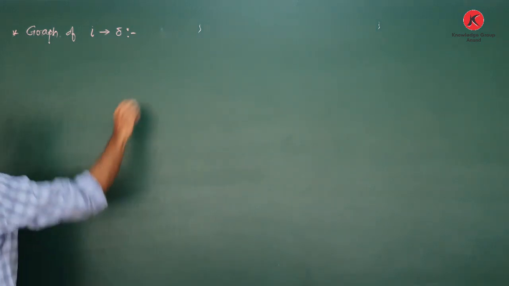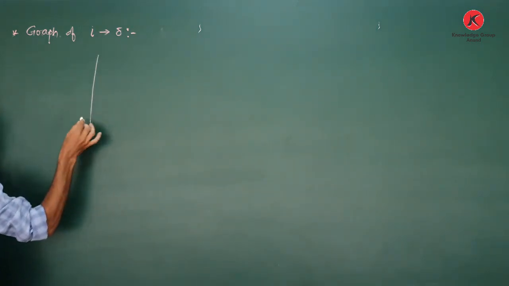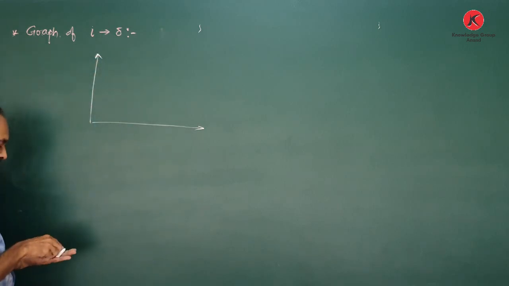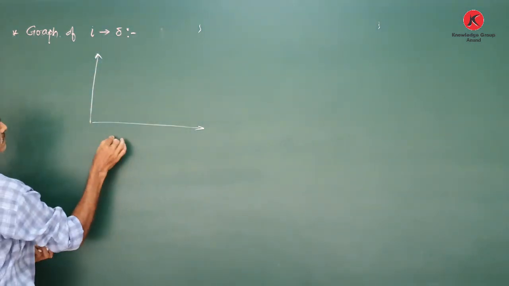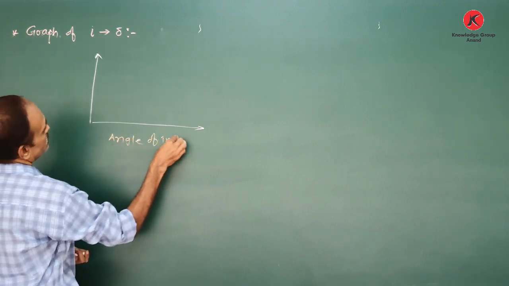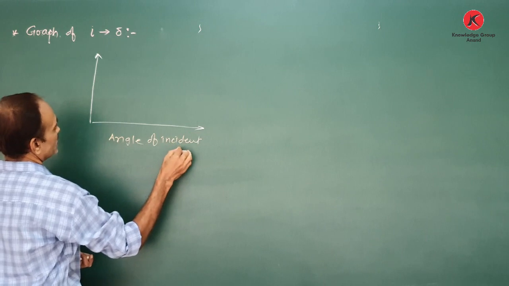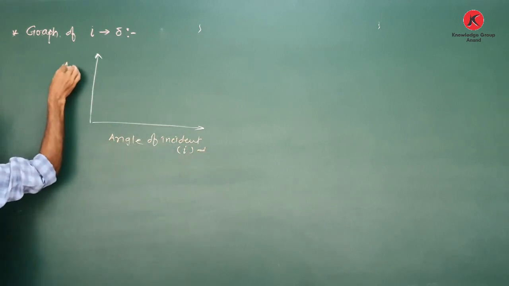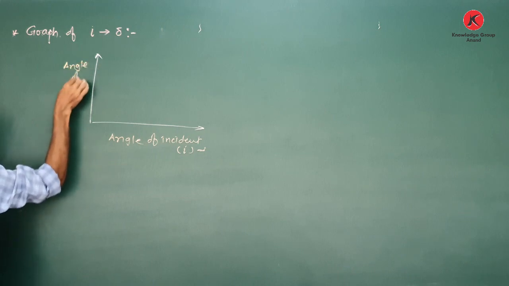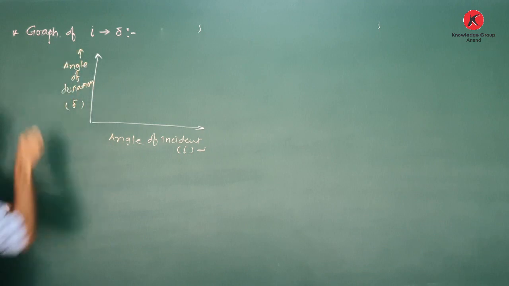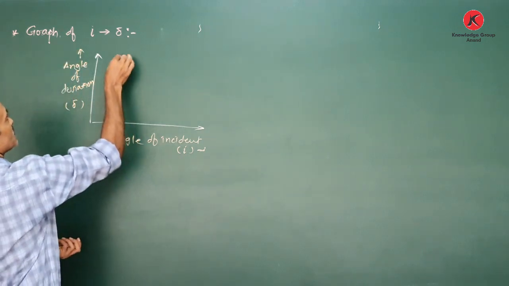Again, we draw the graph of i versus delta. Here is the angle of incidence i, and here is the angle of deviation delta. So the graph looks like this.